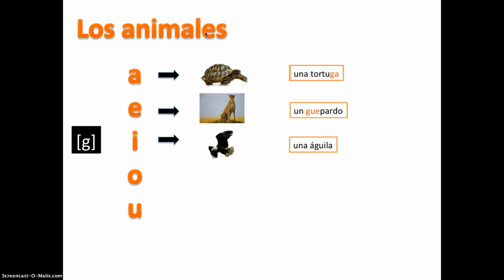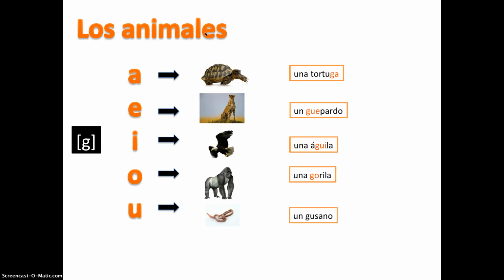Then we have I, as in una águila. Say it, una águila, for an eagle. With O, we end up with una gorila. And finally, U, we have for a worm, un gusano, un gusano.